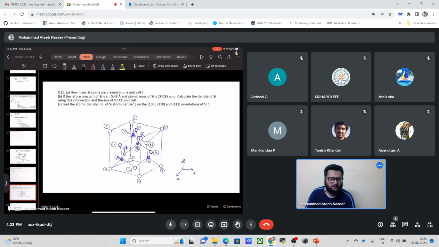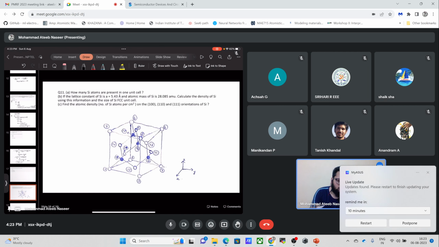And this quantum mechanics was there just to provide you insights into how this band structure will evolve when we move forward in the course.